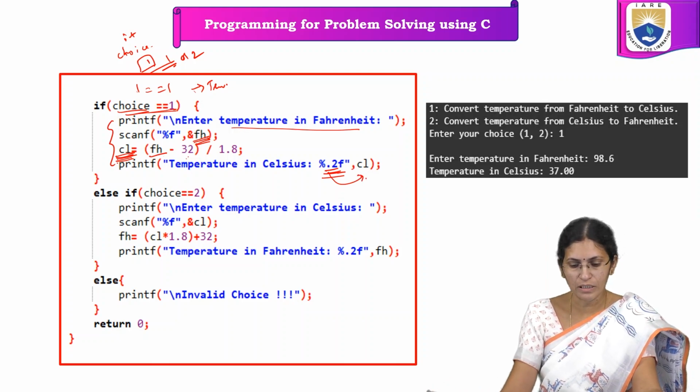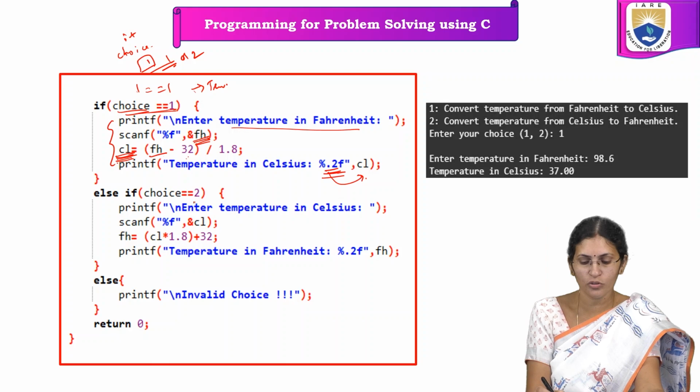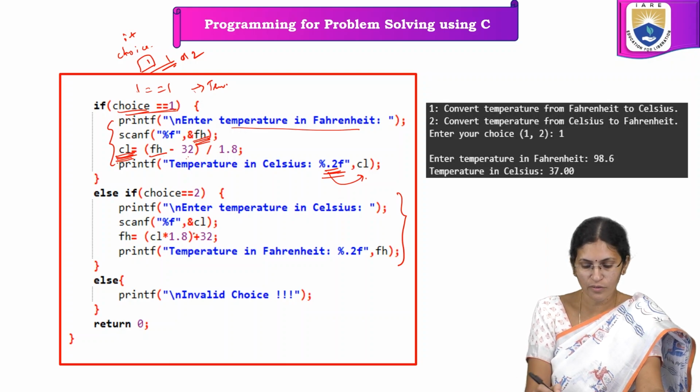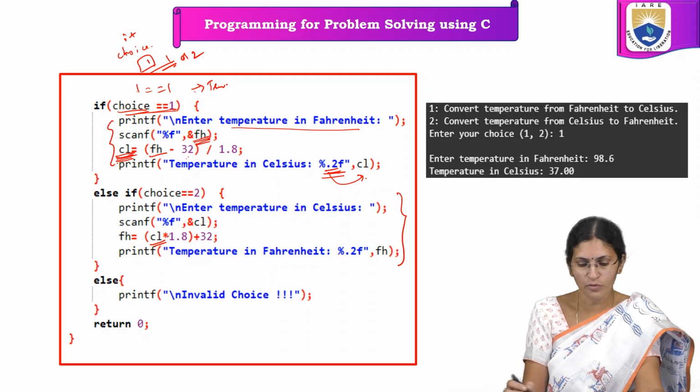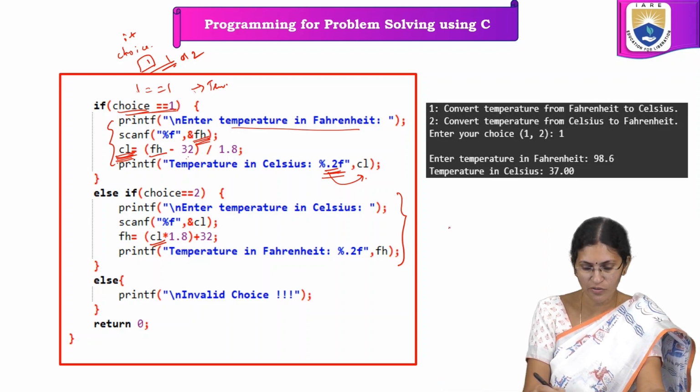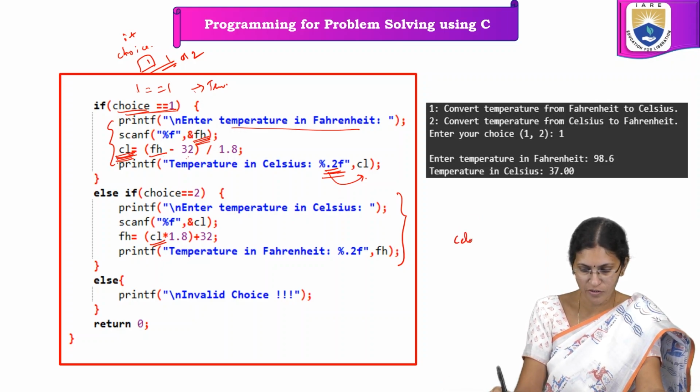Now if the user enters 2, so choice is 2, then these set of statements will be executed, and this is the formula to convert the temperature from Celsius to Fahrenheit: temperature in Celsius into 1.8 plus 32.